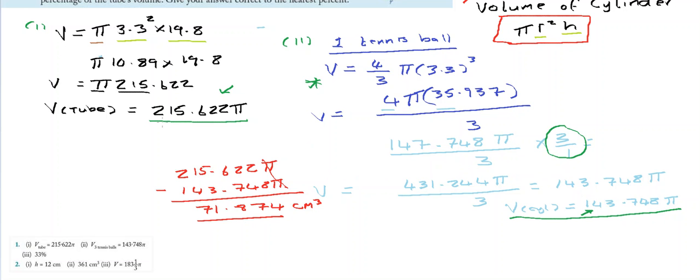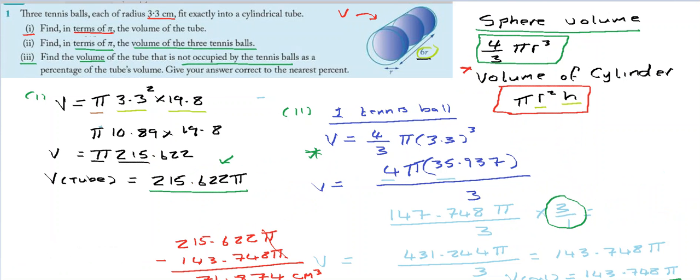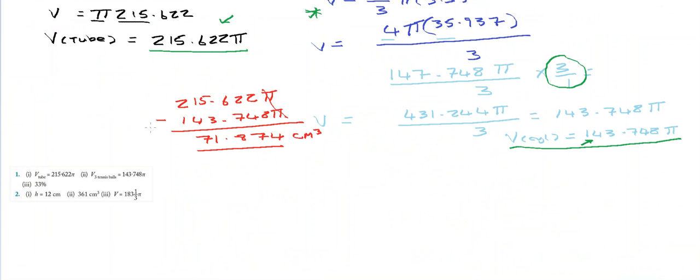And what it asks you to do then is find the volume of the tube that is not occupied by tennis balls as a percentage of the tube's volume. So you're writing this here, the empty space, as a percentage of the full tube's volume. So what would that look like?